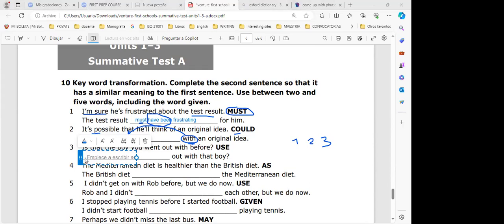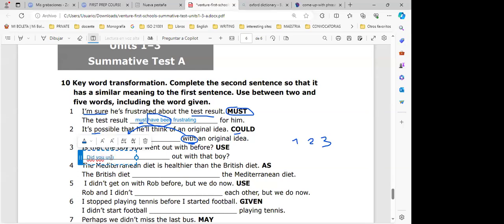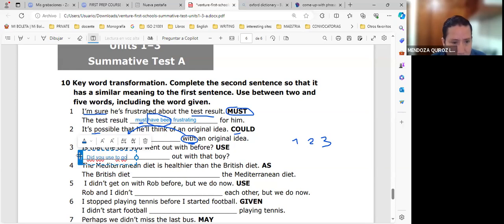I think it is: you used to go out with that boy? Yeah, but remember that it's a question, so it's did. Did you used to go out with that boy?